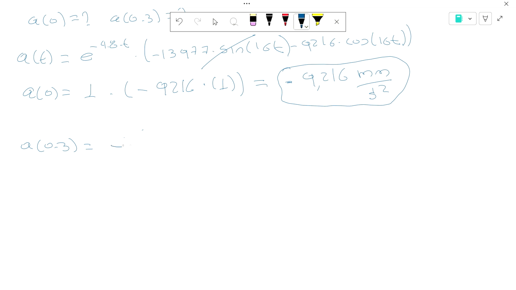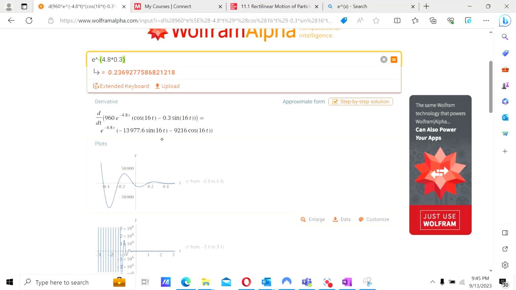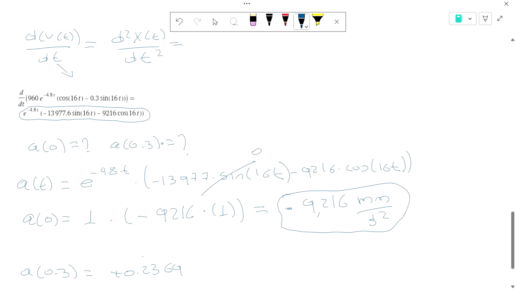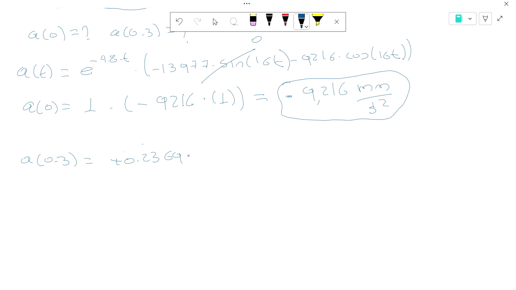So this is positive 0.2369. Then we have sine of 16 times 0.3, which was negative 0.99. You can corroborate if you want.